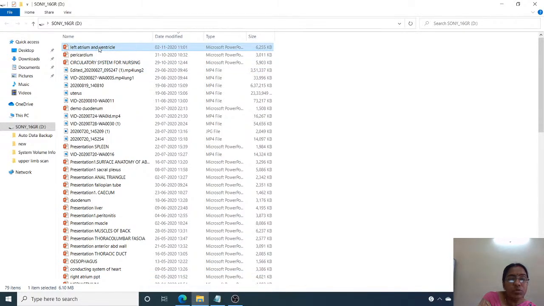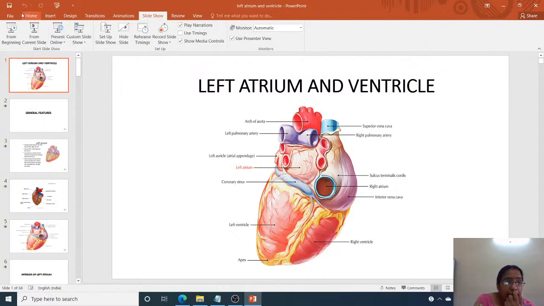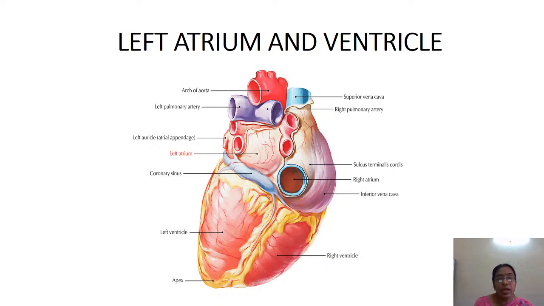After the right atrium, let's see the left atrium and the other chambers, that is the right and left ventricles of the heart. So let's start with the left atrium of the heart. I think by now it is clear.